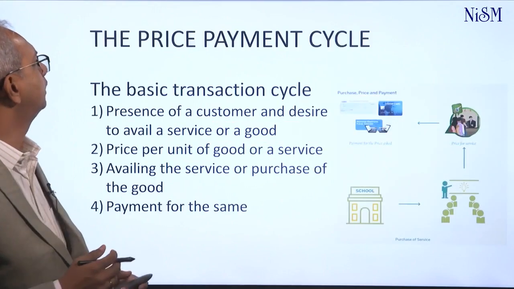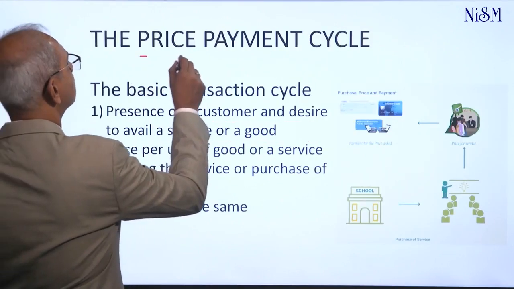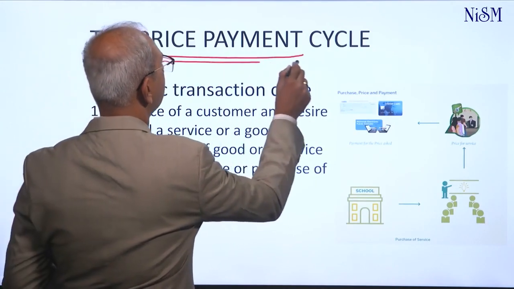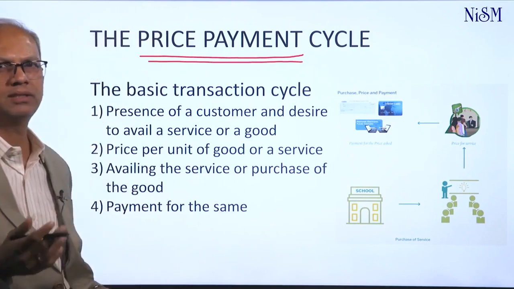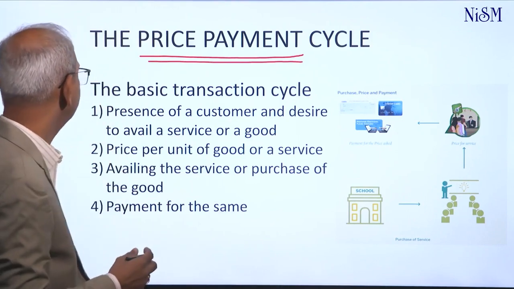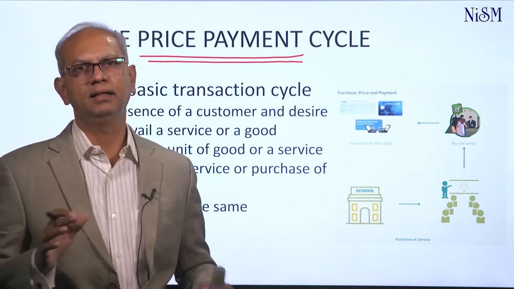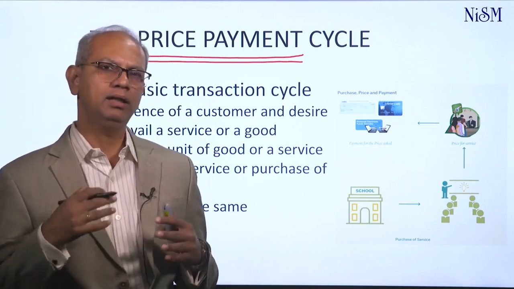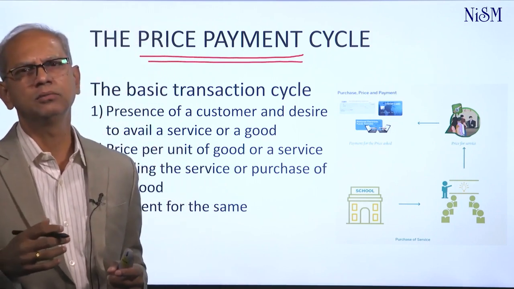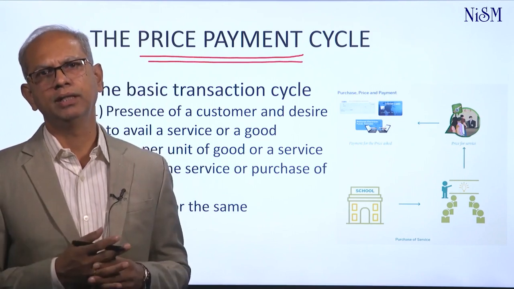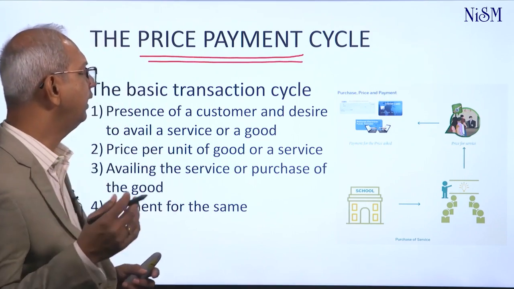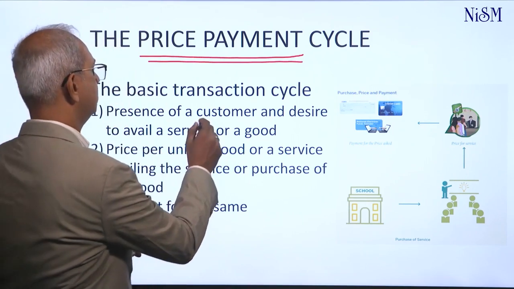So, let us look at the price payment cycle per se. What used to happen earlier versus what is happening in the current context. To understand this, we have to understand that for any good or service that you are trying to purchase or avail, there are three elements, the first being the presence of the customer or buyer.